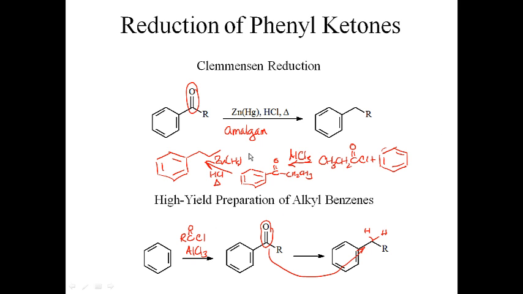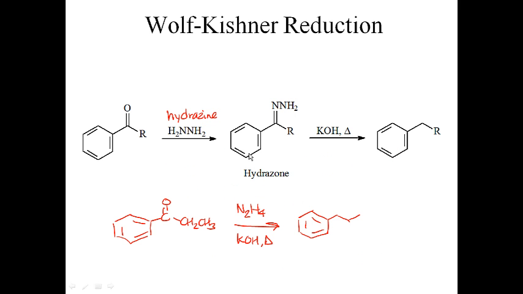You'll need to know what the reagent is, as well as the fact that that's called the Clemmensen reduction. But the whole point of this is a way to reduce phenyl ketones down to alkyl groups. And this is a perfect way to make straight chained alkyl benzenes, is to combine these two reactions together. Okay.